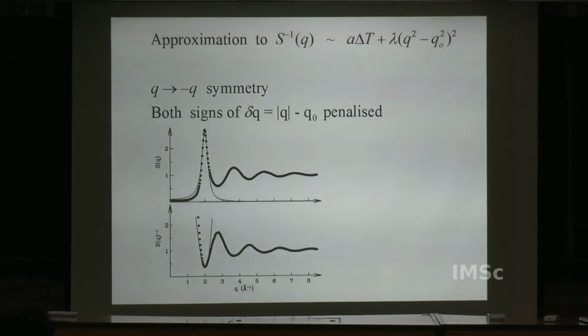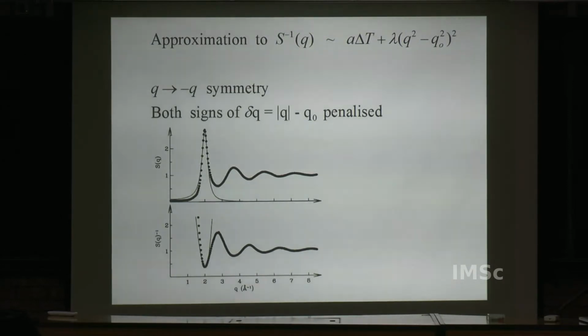And the structure is somewhat special in the sense that you have to have q minus q symmetry, because the preferred vectors, if you choose the a vector as your unit vector, minus a is also an equally preferred unit vector.